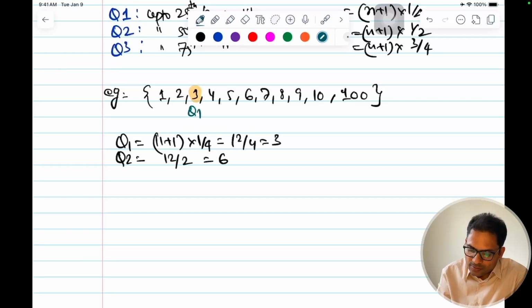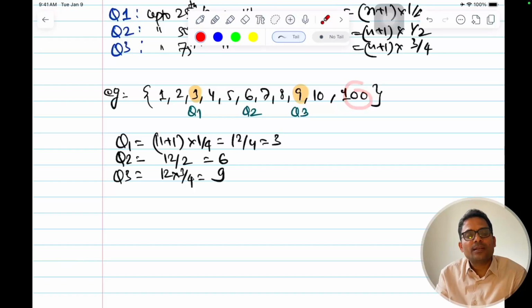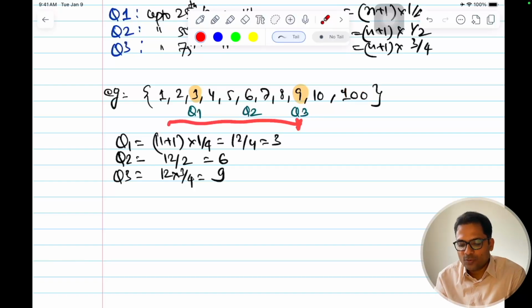So this is your Q2. Similarly, Q3 will be 12 into 3 by 4, which is equal to 9. So this is your Q3. So these are my 3 quartiles. Even if you have 100 or 1000, it's not impacting where my Q1, Q2, Q3 will be.